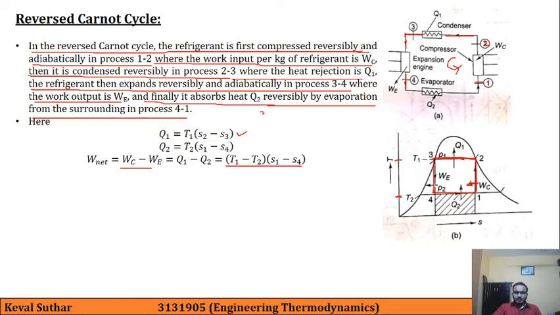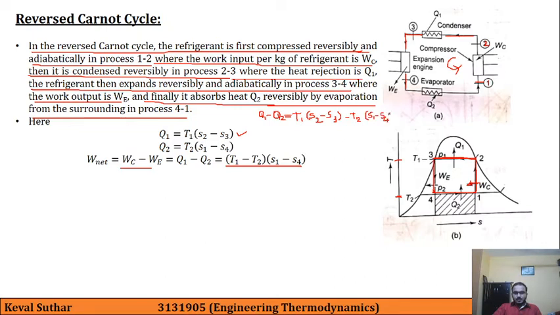Because if we calculate Q1 minus Q2, it is equal to T1 into S2 minus S3, minus T2 into S1 minus S4.